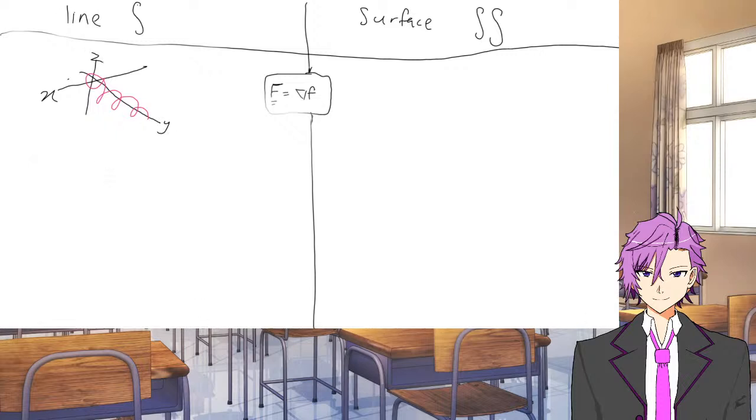These are defined by x equals 2 cosine t, y equals t, and z equals 2 sine t. So it looks like some sort of spring because of the x and z coordinates.